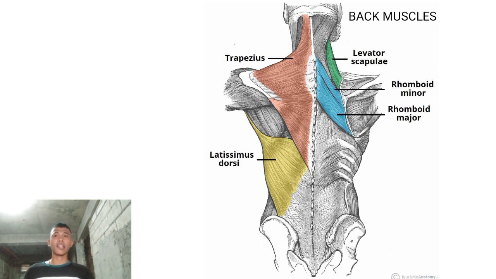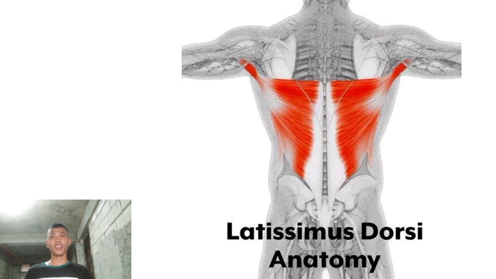Latissimus dorsi. It is a large flat muscle in the back that stretches to the sides behind the arm and is partly covered by the trapezius on the back near the midline. It is called the lats or the wings.